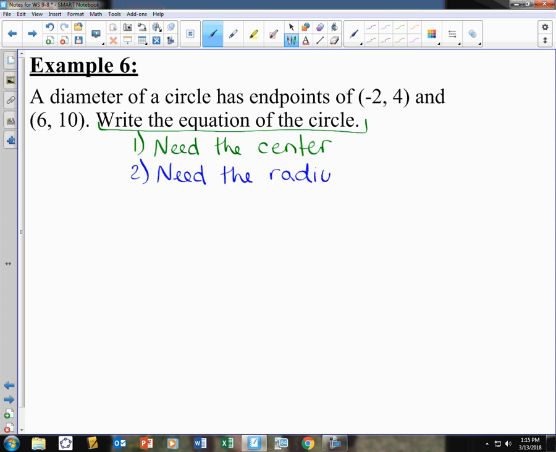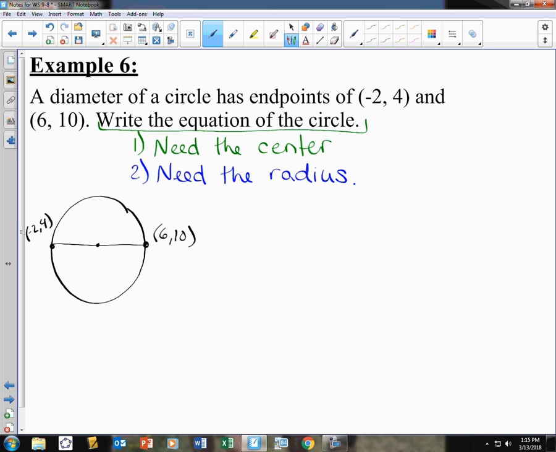What I would suggest is that you just draw a generic circle. You don't even have to plot points. Draw a generic circle and draw a diameter. And put the information in the context of the picture. So this is -2, 4, and then this point is 6, 10. Okay, obviously I have not plotted those points correctly, but at least I have a context.